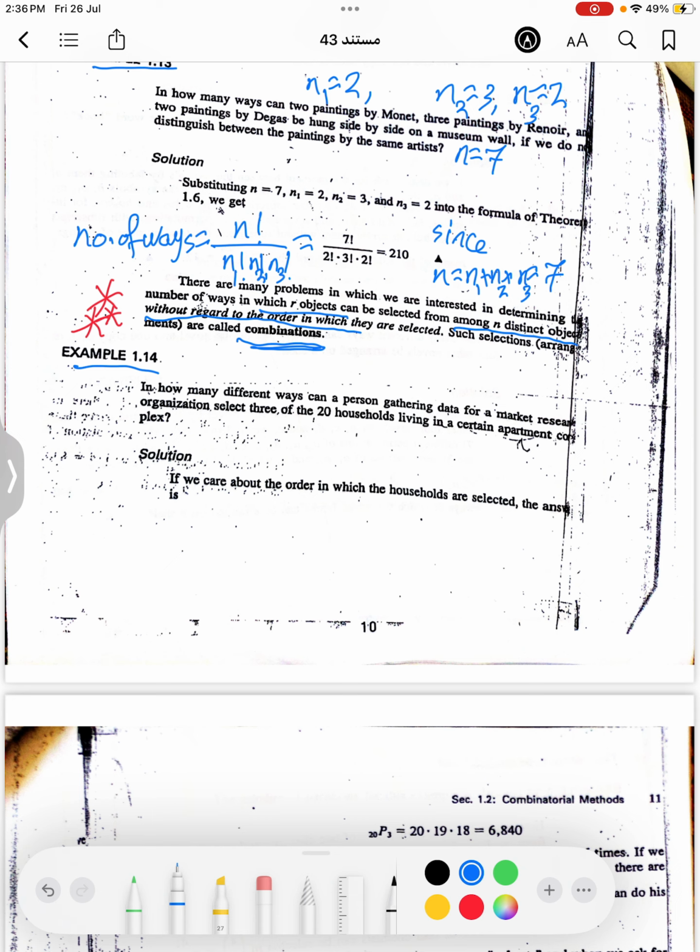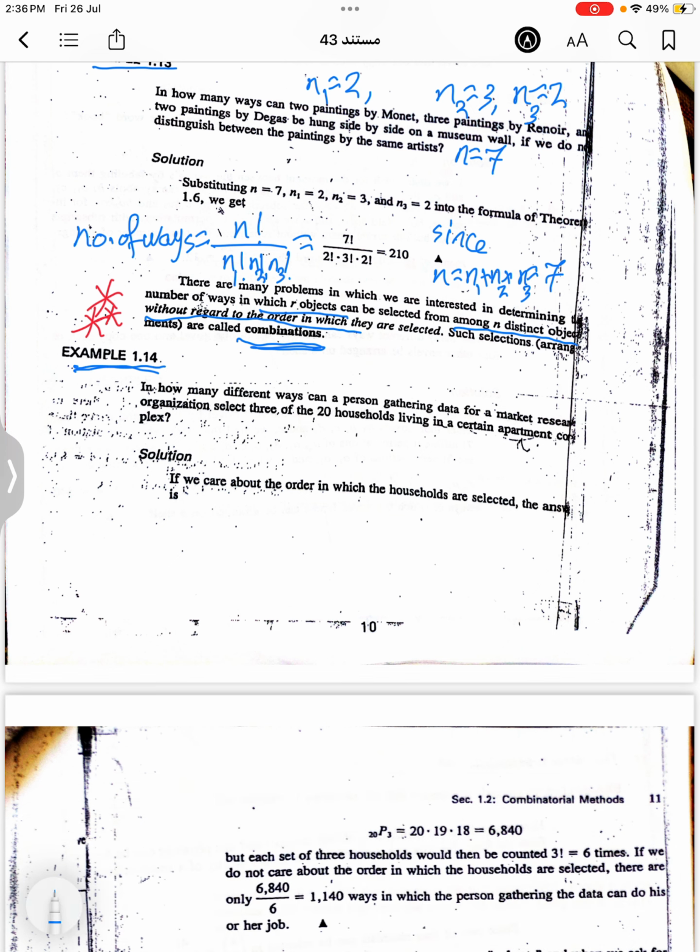Then such a selection is called a combination. Suppose, in example 14, in how many different ways can a person gathering data for a market research organization select 3 of 20 households living in a certain apartment complex?